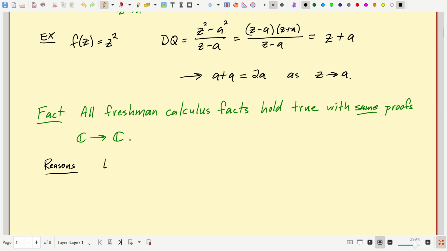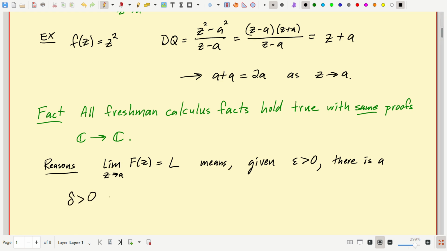For example, the limit as z tends to a of f of z equals L means, given an epsilon bigger than 0, there is a delta such that, so in the real case, this is the absolute value.